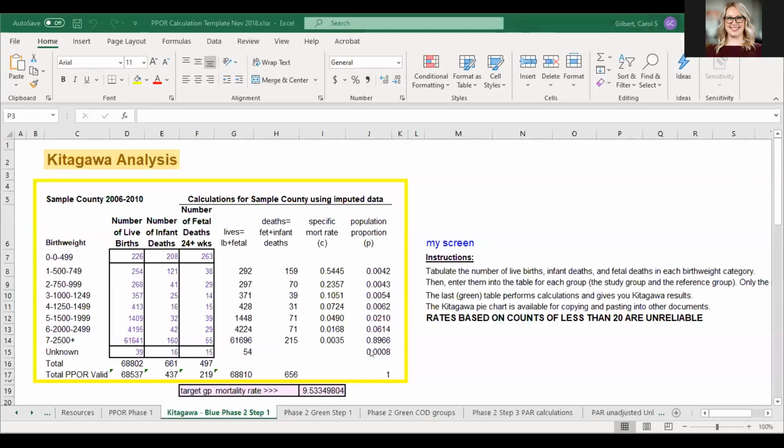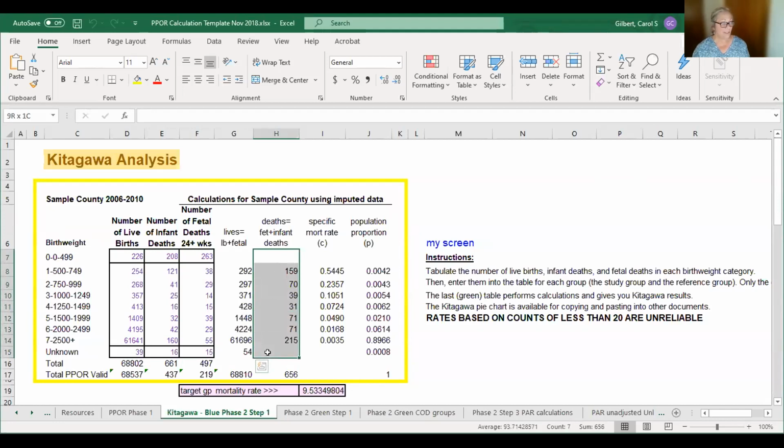Okay, so hopefully, I think you see the Kitagawa spreadsheet. What you do is insert your population numbers here, the numbers of live births in the left-hand column, the numbers of infant deaths, and the numbers of fetal deaths. The spreadsheet does the rest. It calculates the denominator, live births plus fetal deaths. It calculates the numerator, fetal and infant deaths.